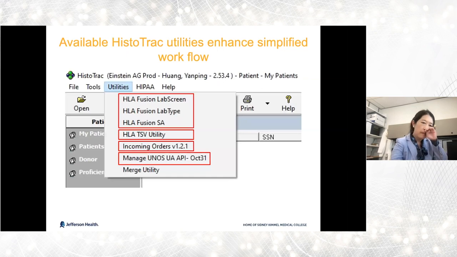So you can say those are pretty much the four major utilities we're using. Most of you, if you're using HistoTrac, are probably very familiar with the Fusion utility, and the TSV utility is used for importing HLA NGS data. And incoming order can take orders both from Einstein and Jefferson.